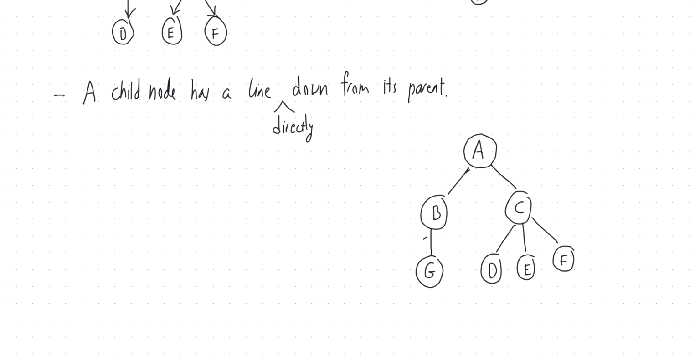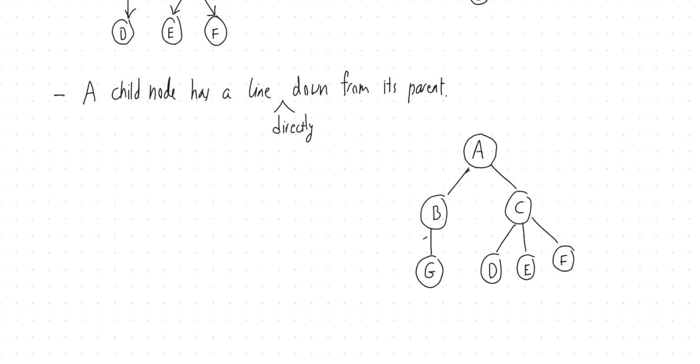Similarly for C, C is a child of A, so A has two children, B and C, and C has A as its parent. C itself has three children, so D is a child of C, E is a child of C, and F is a child of C, and C is obviously their parent. And G is a child of B, which means B is the parent of G, right? So that's the child-parent relationship.